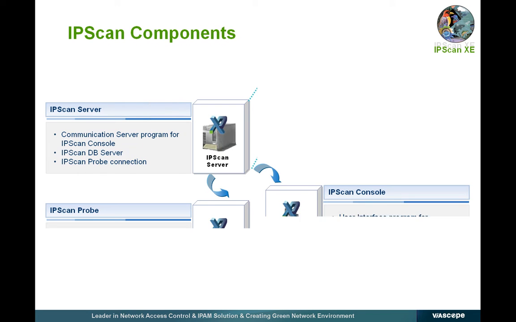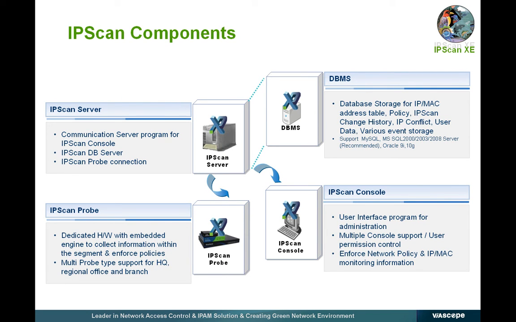The IPScan probe collects IP or MAC data and transfers it to the IPScan server. Then, the IPScan server stores the transferred data in the DB server for managing the IP or MAC policies. The IPScan console provides a user interface that helps the admin establish the managerial policies, and is a multi-management purpose console that can be installed separately for administrative purposes.